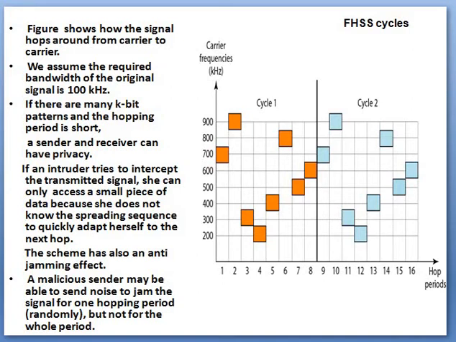The scheme also has an anti-jamming effect. A malicious sender may be able to send noise to jam the signal for one hopping period randomly, but not for the whole period.